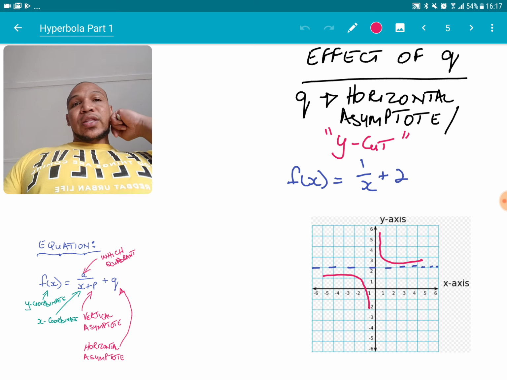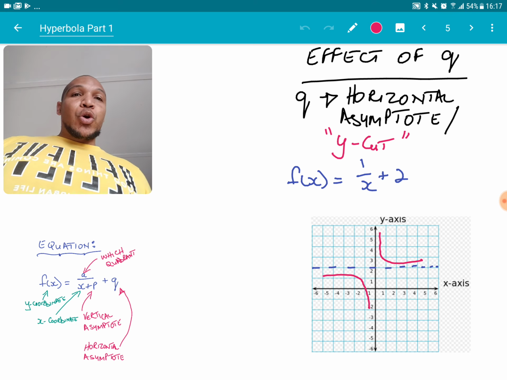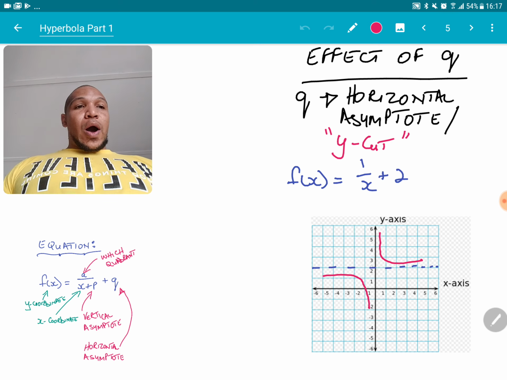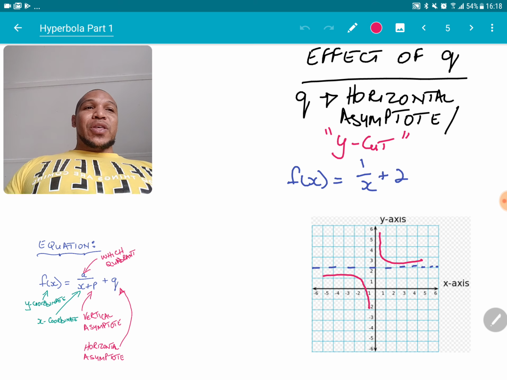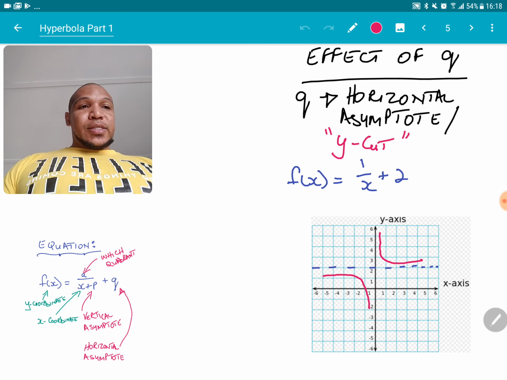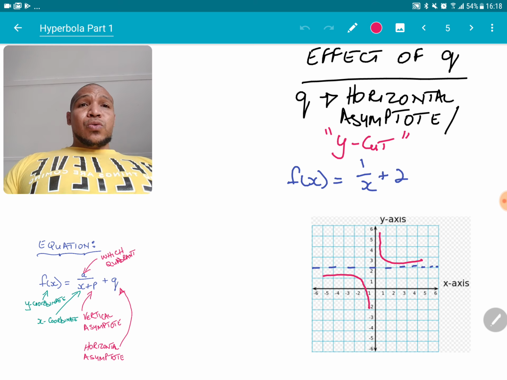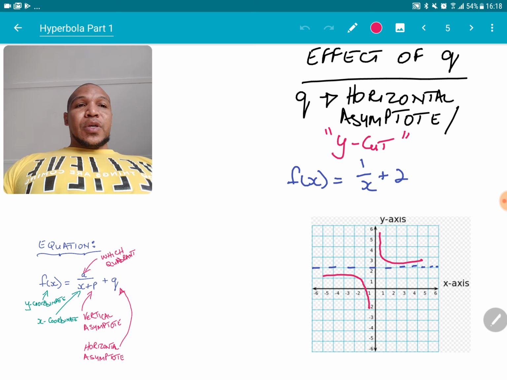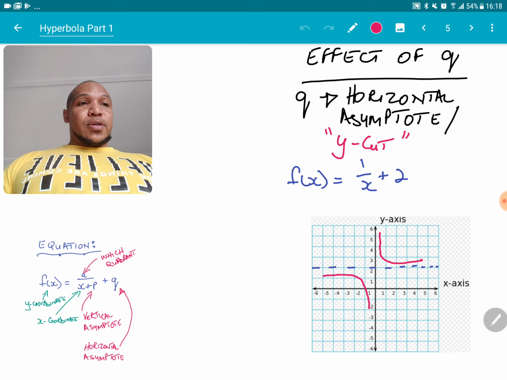Let's have a look at the effect of Q. And what did we say? Q is a point on my y-axis, and there will be a horizontal line going through there. So when they give a sketch or a graph of the hyperbola, and they say show Q, or show the horizontal asymptote, then this will be the answer.